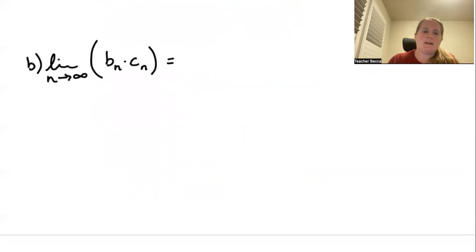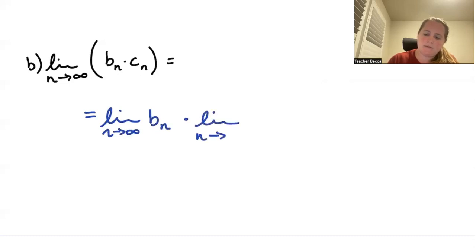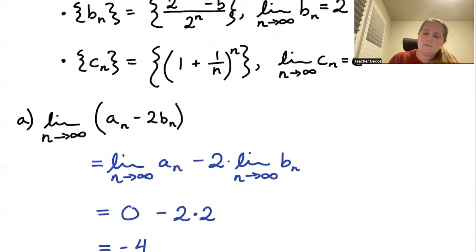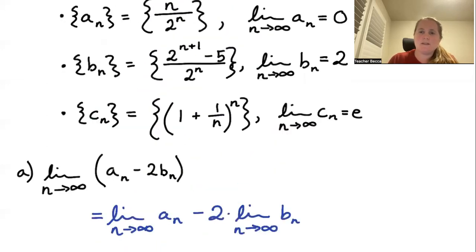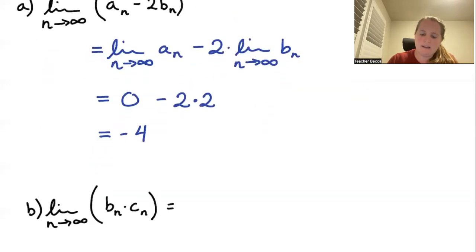Next up, let's look at the limit as n goes to infinity of b sub n times c sub n. So this should be the same thing as the limit as n goes to infinity of b sub n times the limit as n goes to infinity of c sub n. B sub n had limit 2, c sub n had limit e.